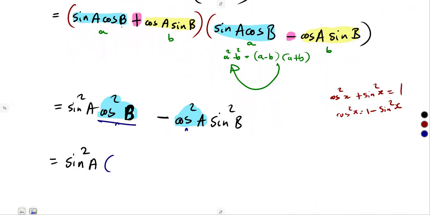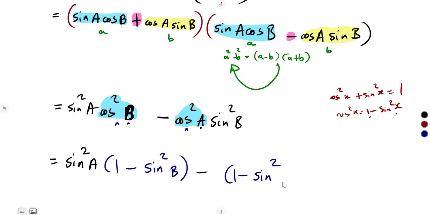So the cos squared, as it is 1 minus sine squared, is going to be 1 minus the sine squared of B. Minus, we are going to change the cos squared of A, so this is going to be written as 1 minus sine squared of A, times sine squared of B. This is where we are.